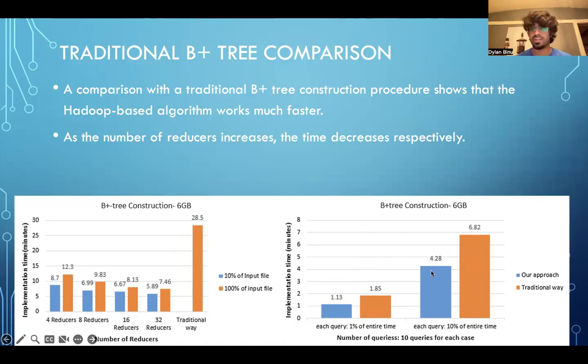The same is the case here with our process. We get 1.13 minutes, and with the traditional way, it's 1.85. Likewise, 4.28 and 6.82. So overall, we can consider this to be a successful algorithm that does work in comparison to the traditional B plus tree methods that a lot of the companies in Vietnam are using or were using at the time of this research.